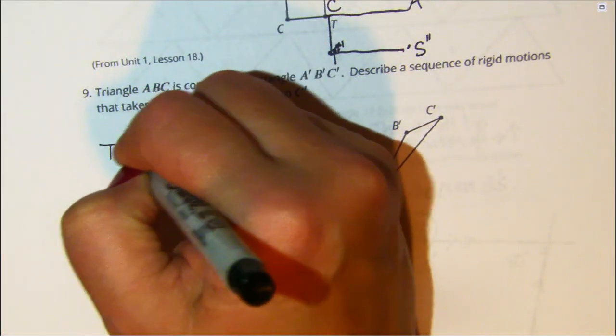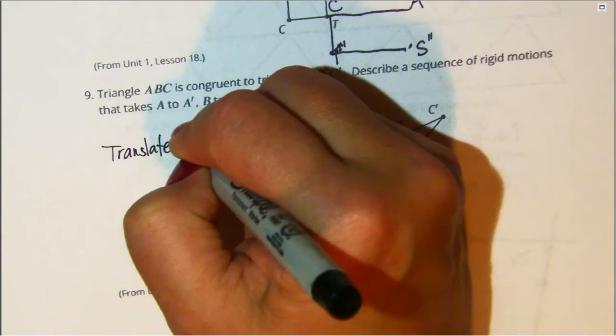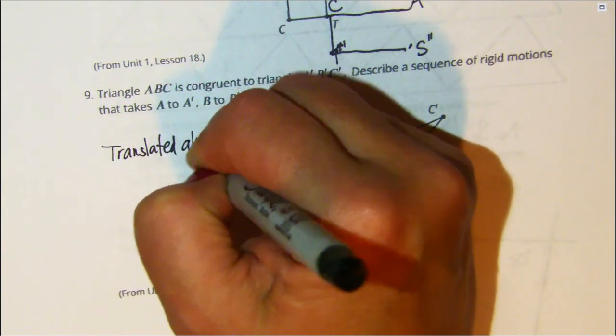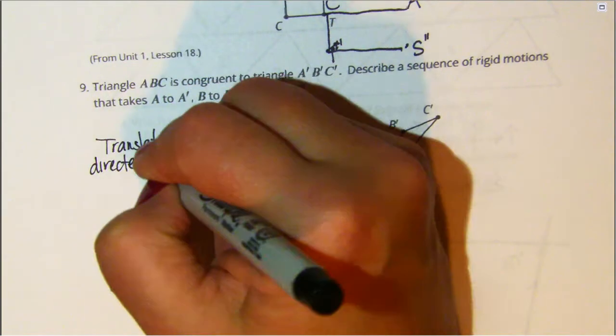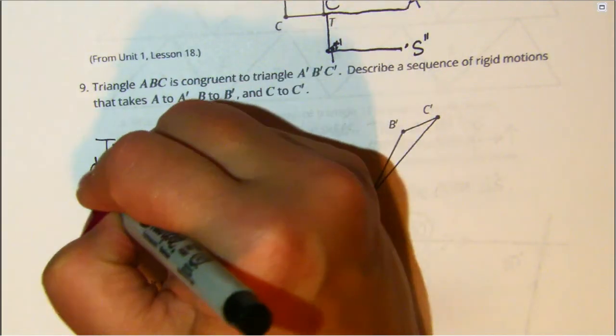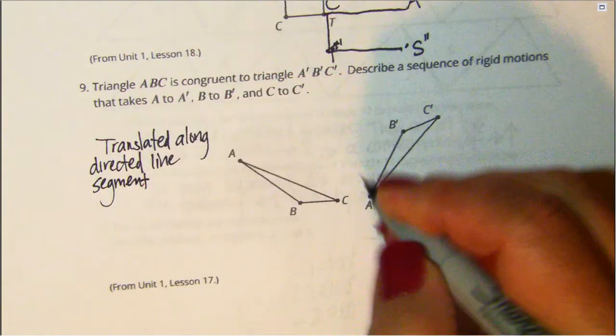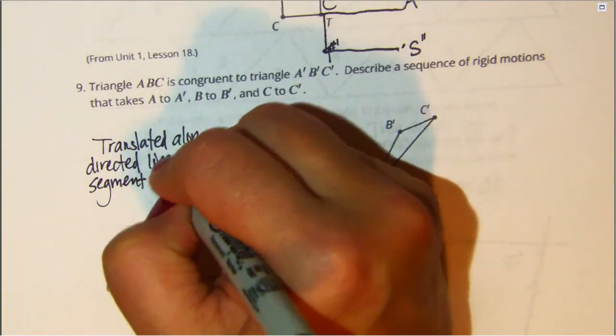Okay, so what did I do? I translated along directed line segment BB prime.